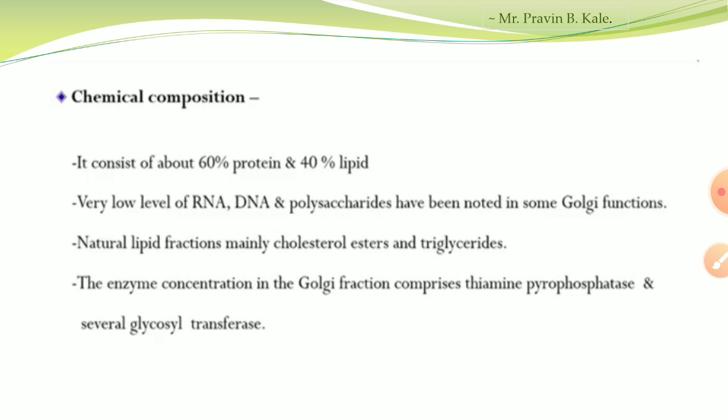Noted means observed. Neutral lipid fractions are mainly cholesterol, esters and triglycerides. Then the enzymes concentrated in the Golgi fraction comprise thiamine pyrophosphatase and several glycosyl transferases. And this is the chemical composition of the Golgi complex.